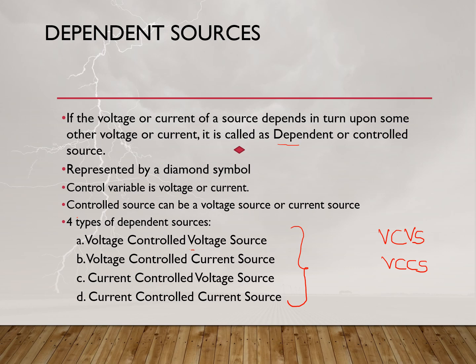The next type is a voltage source which is controlled by current, so a current controlled voltage source, and the last one is a current controlled current source. Hence we have four different types. Two are voltage sources and two are current sources. The voltage sources, one can depend upon voltage, the other depends upon current. Similarly, current sources, two types: one depends upon voltage, the other depends upon current.